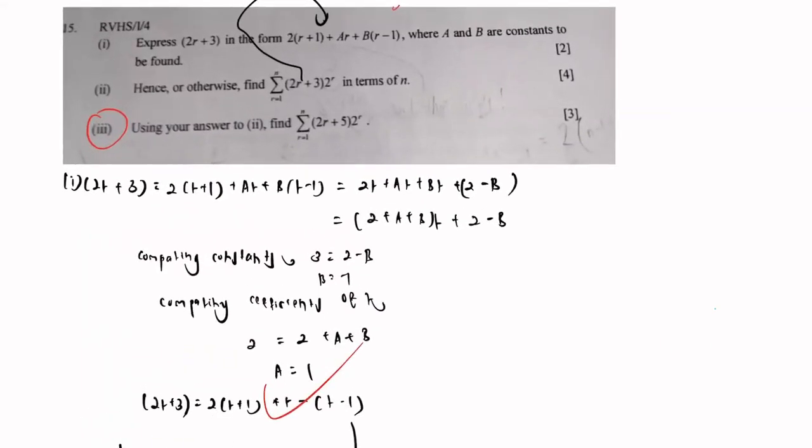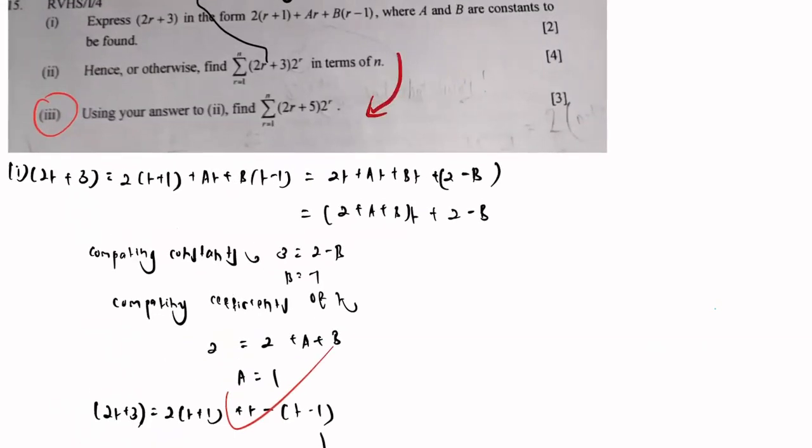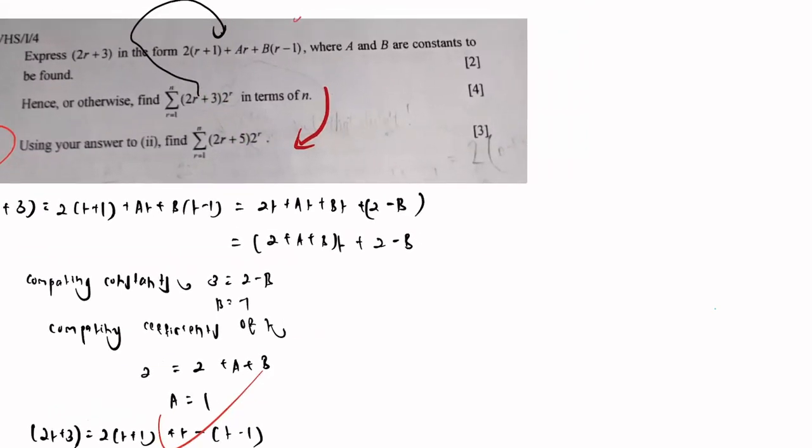Okay, this guy, using your answer, find this fellow. Okay, let's see. This one, you just need to realize that it's very closely related to part 2, right? What's the difference? It's +3, but then +2. So all you need to do is to manipulate it so you can recover the expression +3.